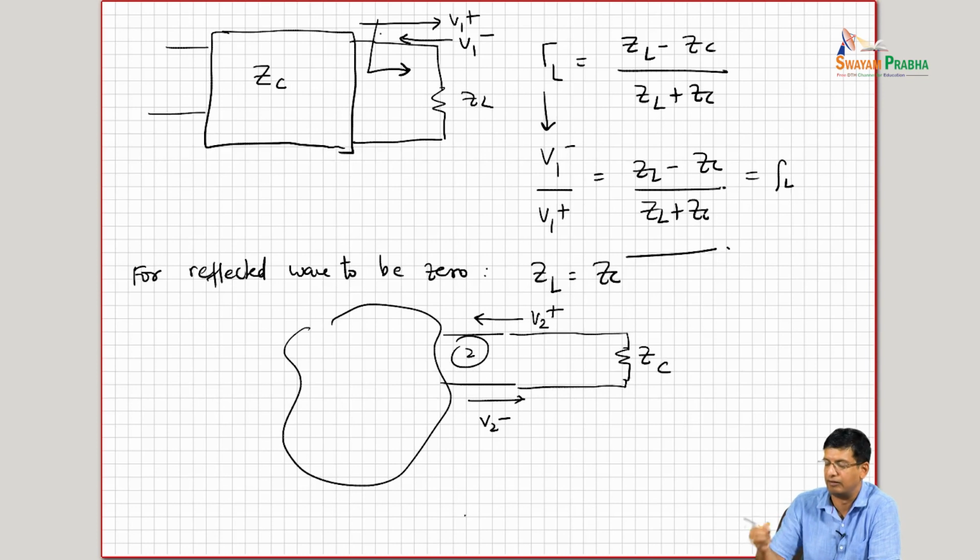Let's say I define everything to be based on some characteristic impedance ZC, then I will not get any reflection back, because this wave V2 minus will go here, right? And this reflection will be 0. So I can ensure that V2 plus basically doesn't exist by terminating the port in ZC.